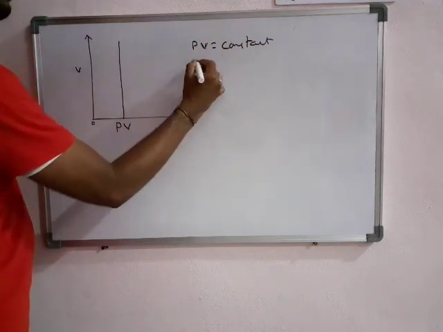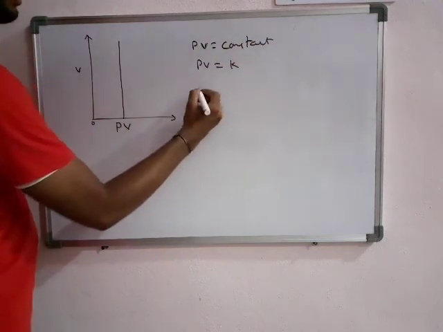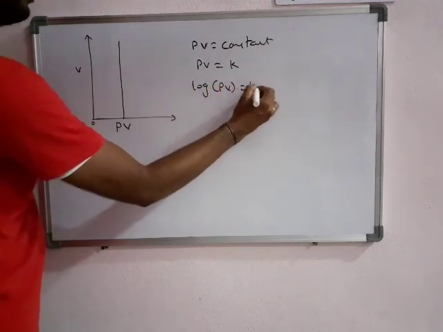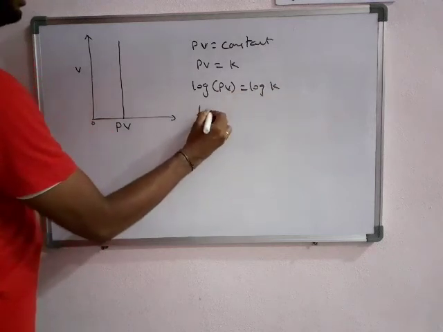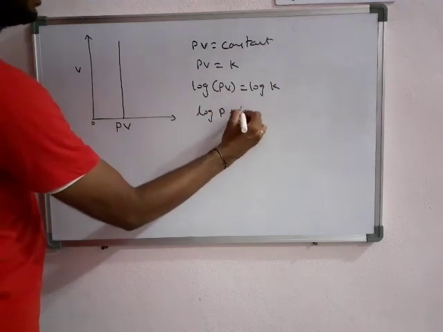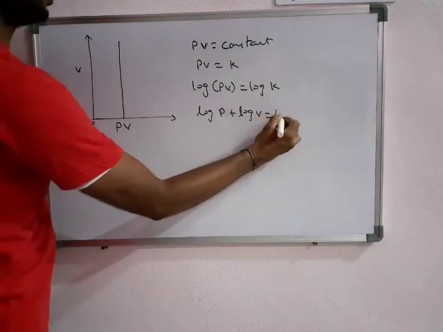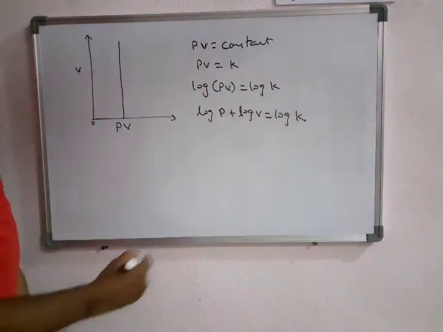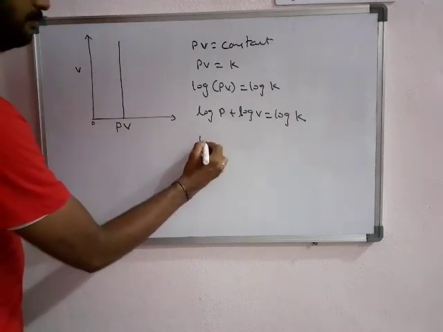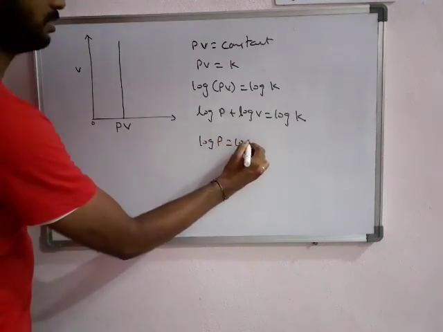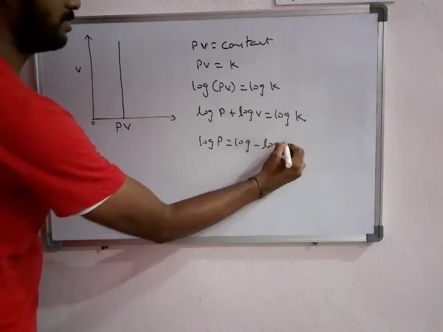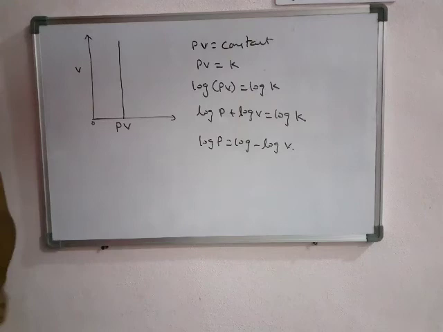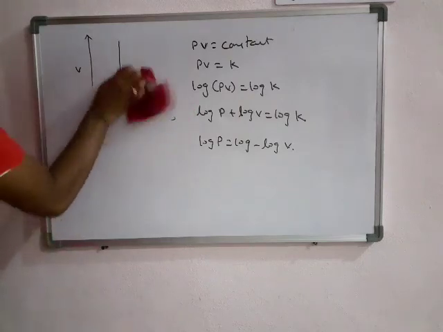So apply the log. PV is equal to constant, just taking it as K. Apply the logarithm on both sides: log PV is equal to log K. That is, log P plus log V is equal to log K. Now log P is equal to log K minus log V. Okay, so now we draw the graph in terms of logarithm.